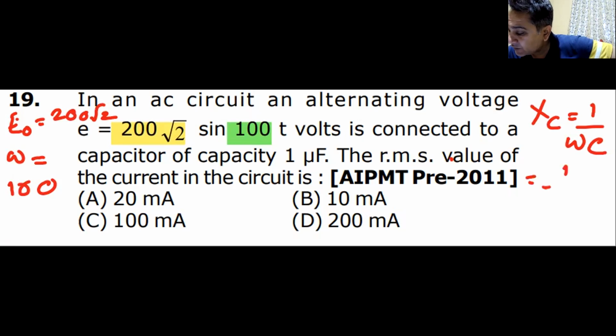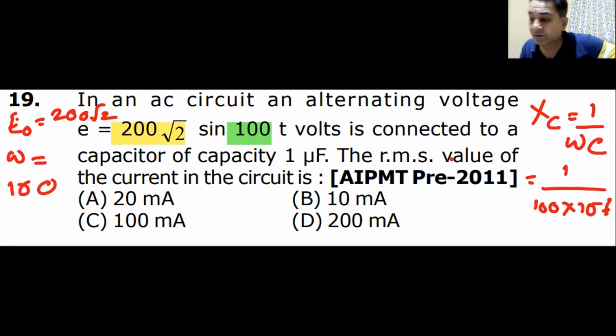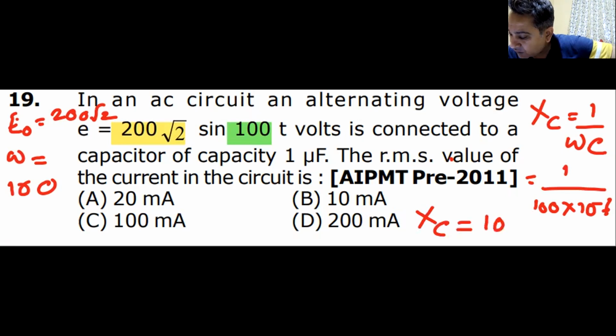So it will be 1 divided by omega, which is 100, into 1 microfarad, which is 10 raised to the power minus 6. 100 into 10 raised to the power minus 6 is 10 raised to the power minus 4. 10 raised to the power minus 4 goes up. So my XC becomes 10 raised to the power 4.